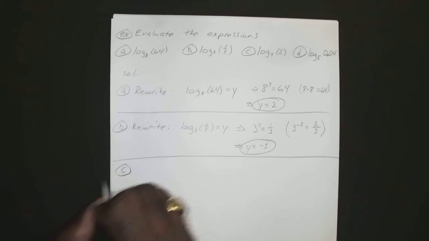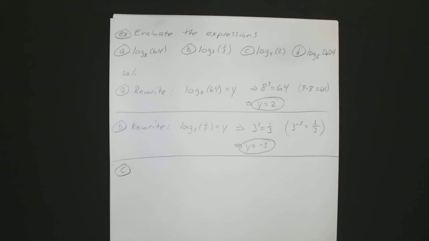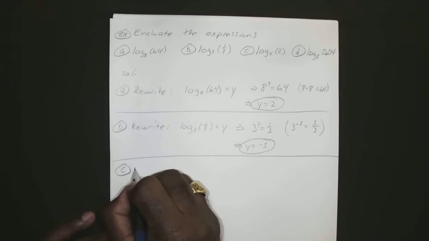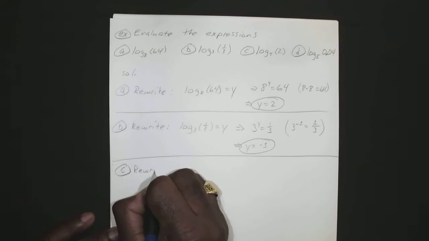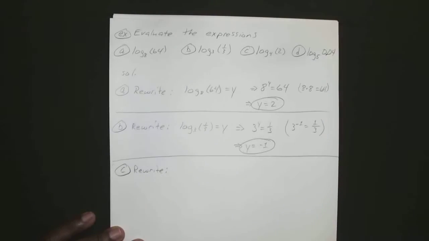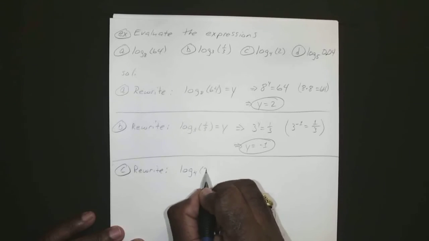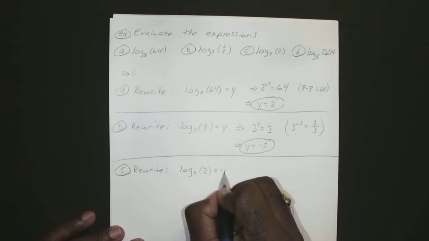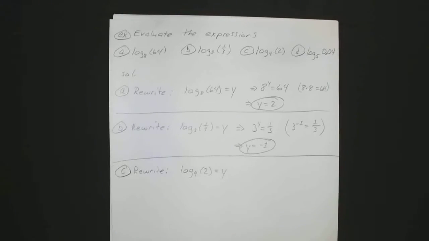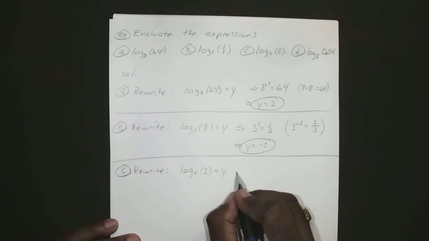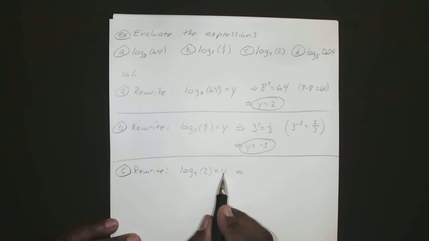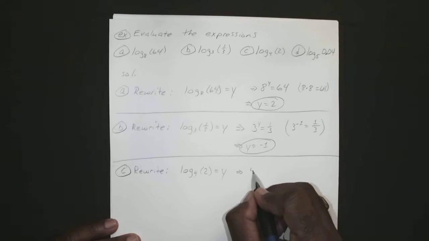Okay. So for C, first thing we want to do is rewrite it. Okay, so that's log base 4 of 2 equals y. Okay, so that would give us 4 to the power of y equals 2.